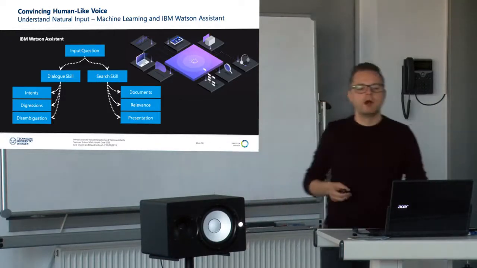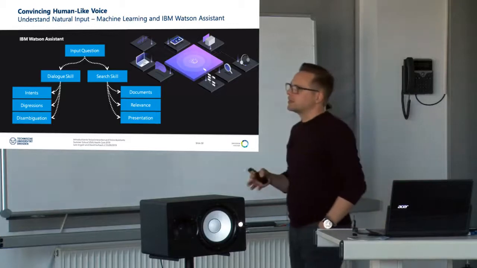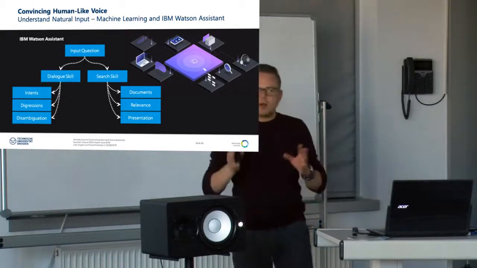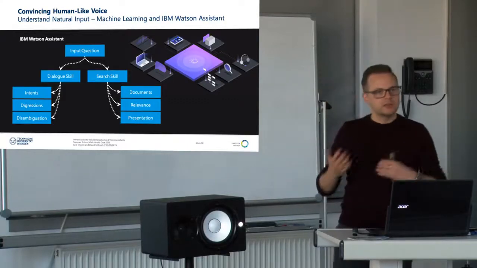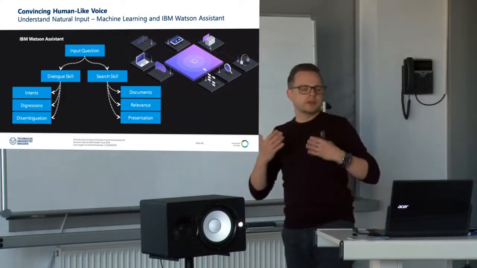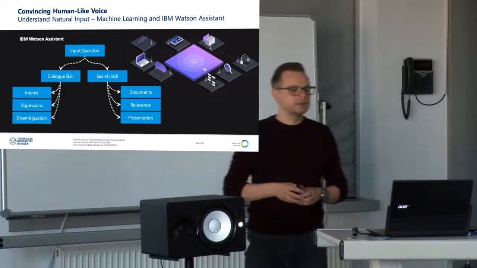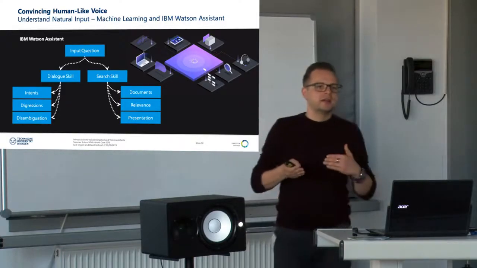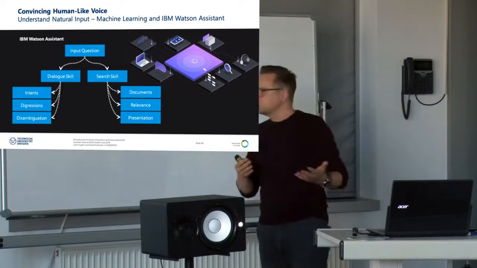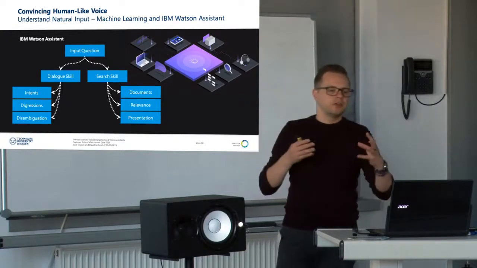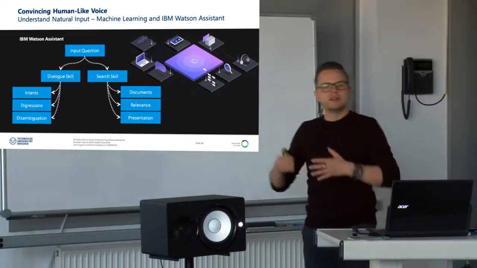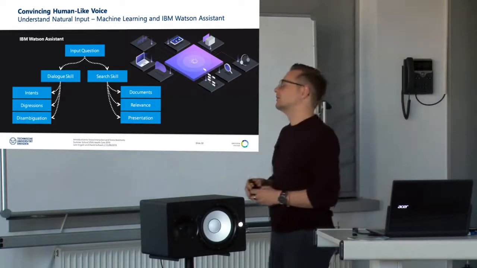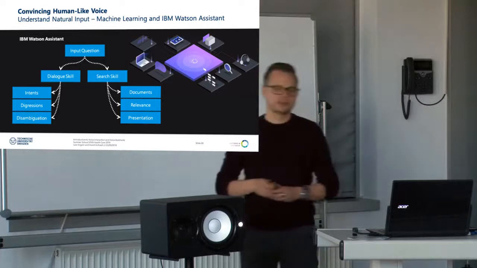It's the IBM Watson Assistant that is able to pretty smartly distinguish what the user says or gives into the system as input, and decides whether it's going to be a conversation, so we need to trigger our dialogue skill, or if the user really needs information right now, so we will go over to the search skill.